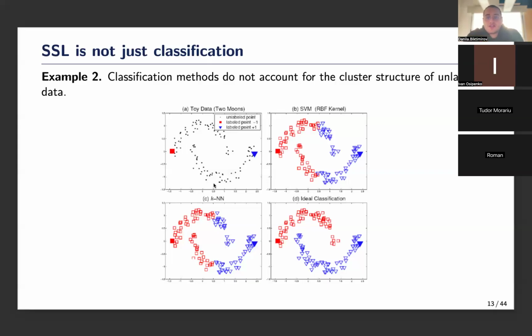This allows us to successfully classify all points, demonstrating how unlabeled data can help define a complex decision boundary that purely supervised methods would fail to capture with limited labels.